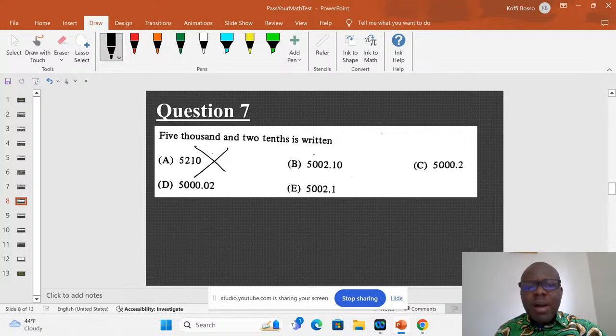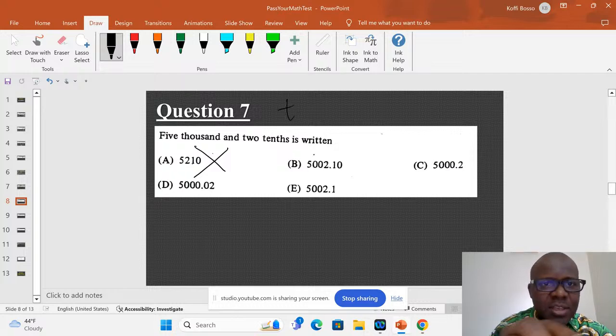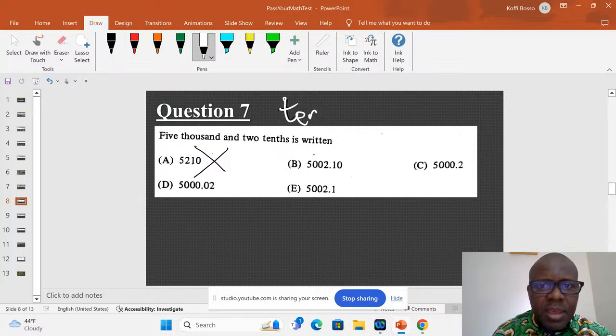Even if you have 5,210 there, that's a 210, not a 210th. It's 2 tenths.